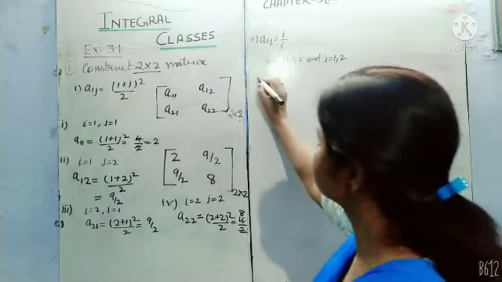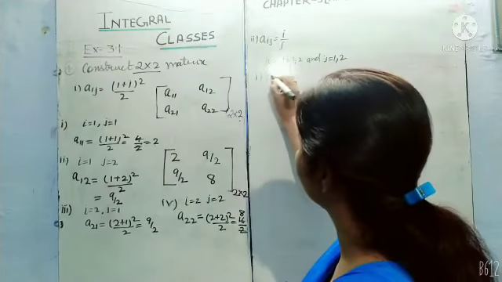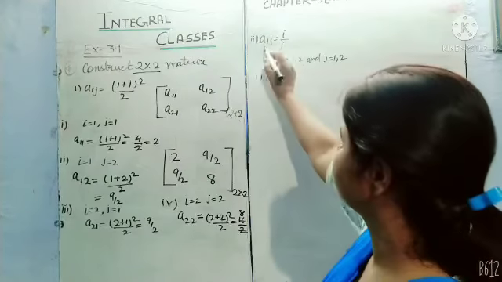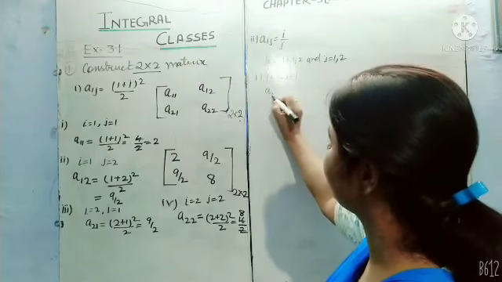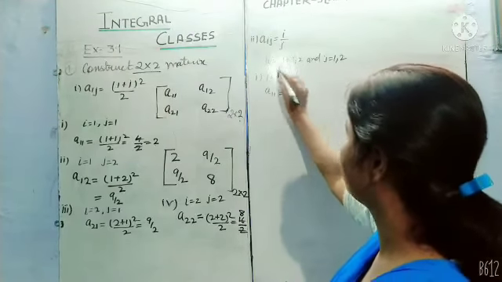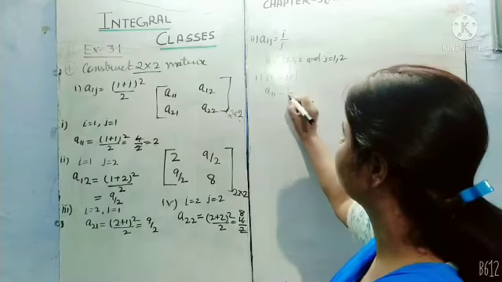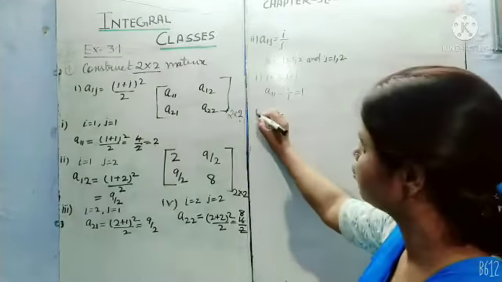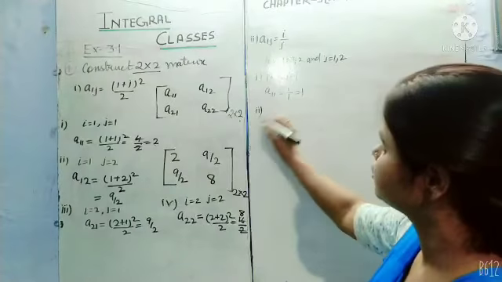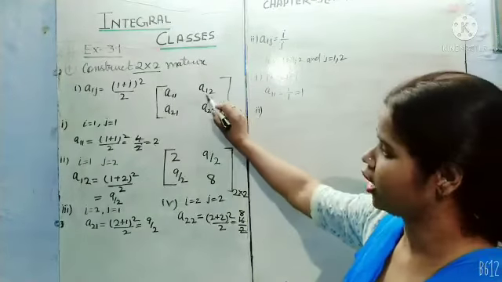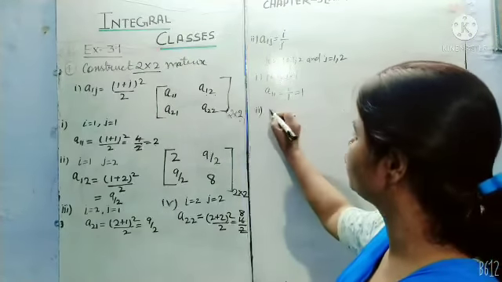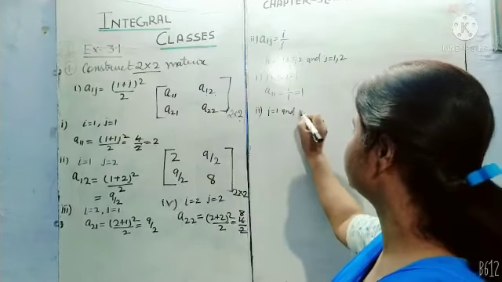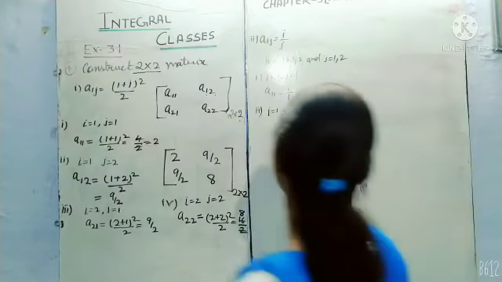So first, i equal to 1 and j equal to 1. Then we get A11 equal to 1 upon 1, so the answer is 1. Now for the second, i equal to 1 and j equal to 2.